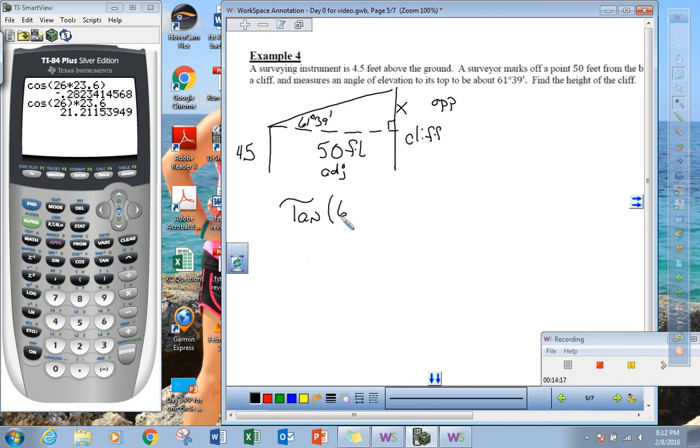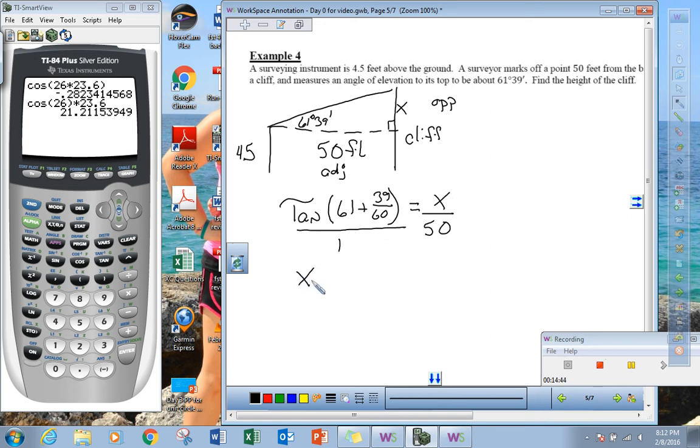We're going to write it as 61 plus 39 sixtieths. That's how we're going to write that. Equal x over 50. This one's another nice one because, once again, guys, when I cross multiply, my variable is all by itself.